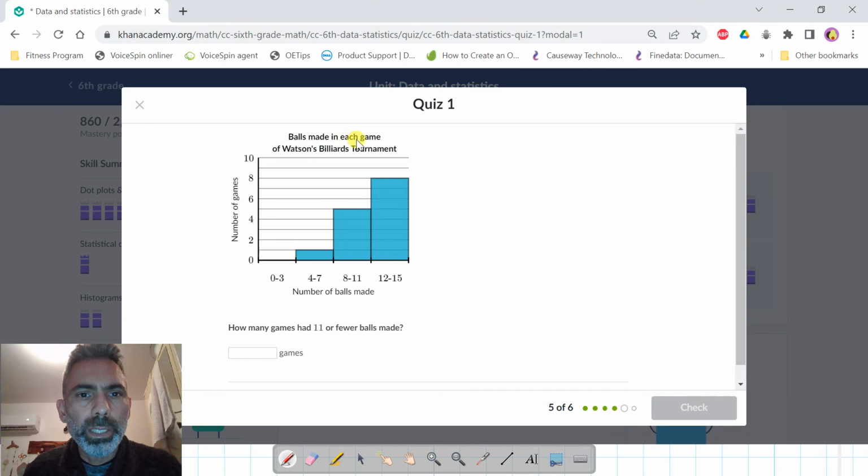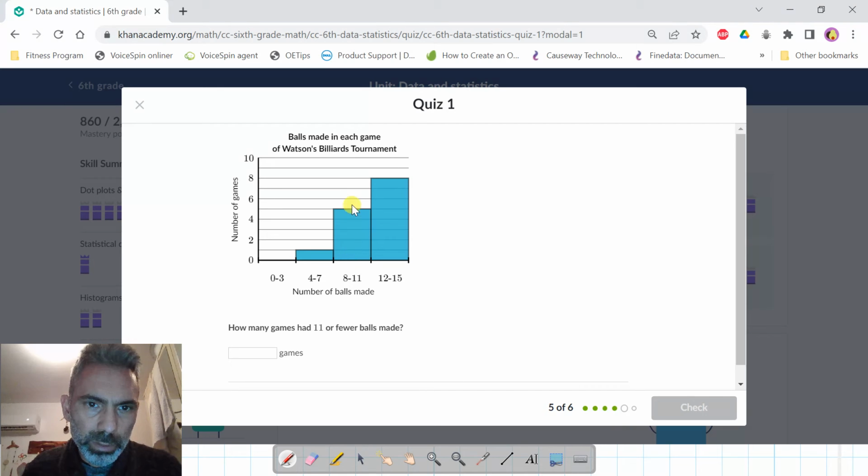Balls made in each game of Watson's billiard tournament. Okay, so this is the number of games and this is the number of balls made. Between 0 and 3, no games. Between 4 and 7, 1 game, and so on. How many games had 11 or fewer balls made?